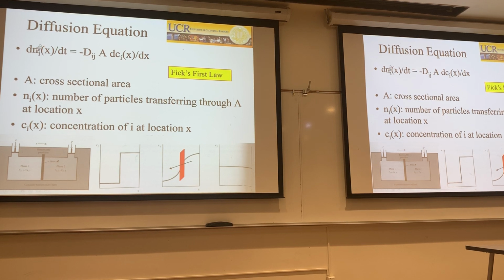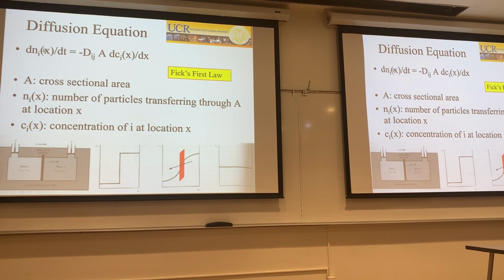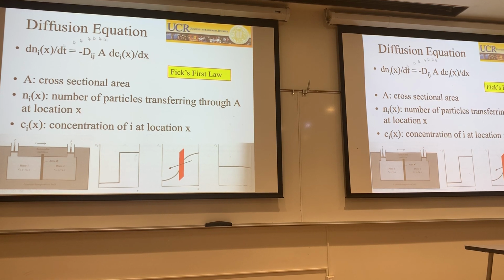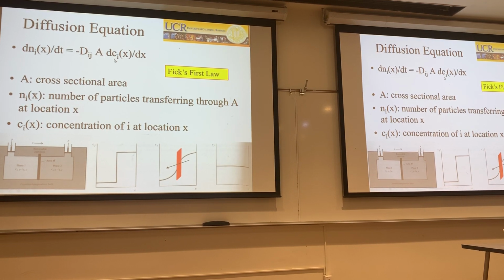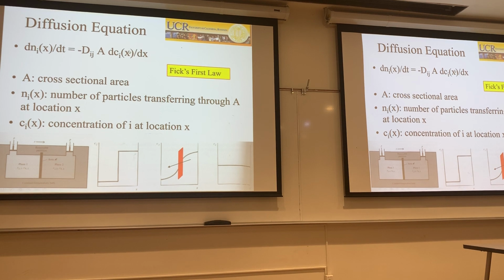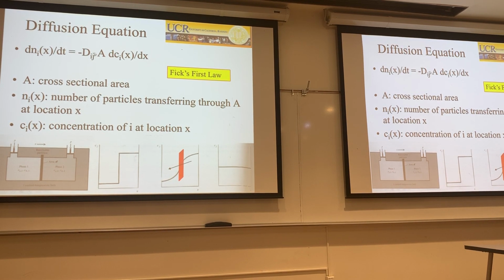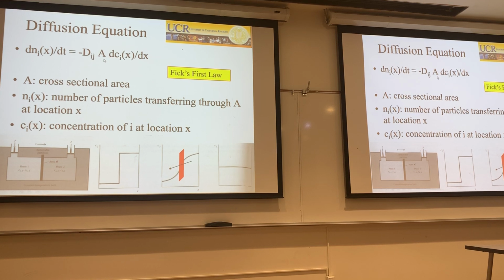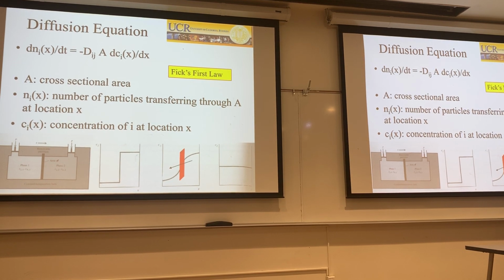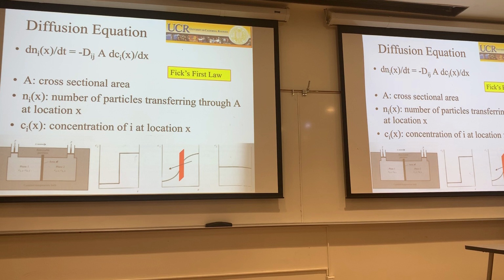So the flux, the number of particles which go through a cross-section per unit of time driven by a gradient of the concentration, is given by a negative sign, the diffusion constant, and the area through which the particles can diffuse.